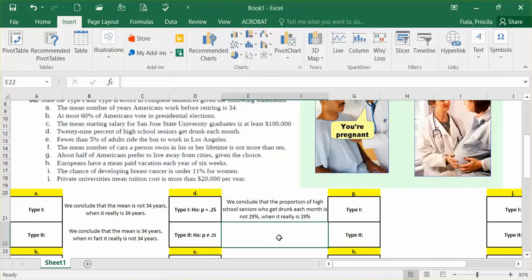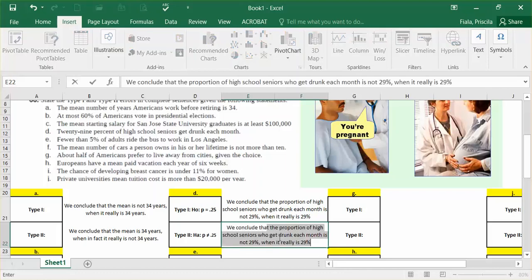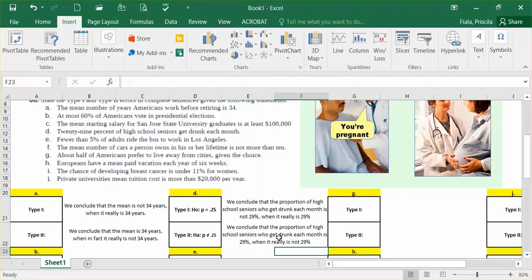And now let's go to the second one. So a type 2 error, in this case we're saying the proportion is different than 25%. Therefore, a type 2 would be, we conclude that the proportion of high school seniors who get drunk each month is 29% when it really is not 29%.